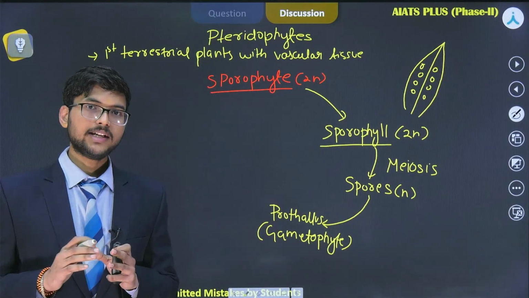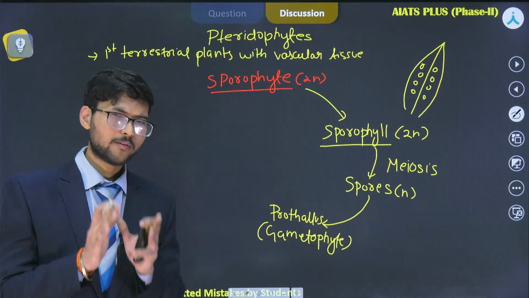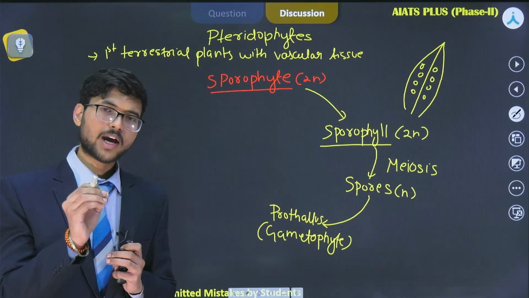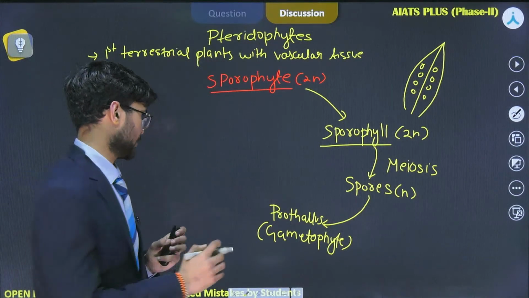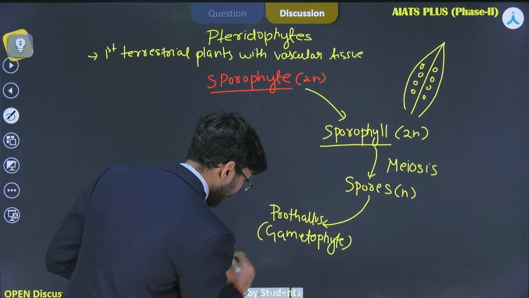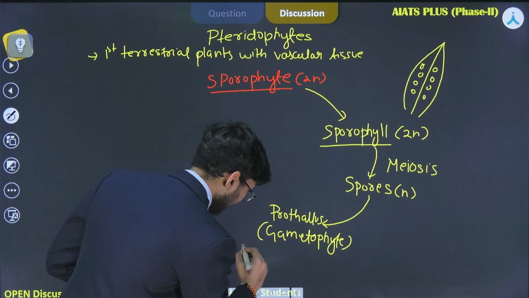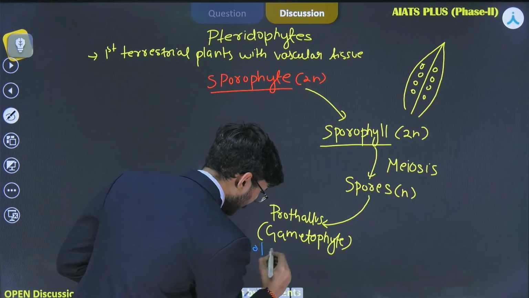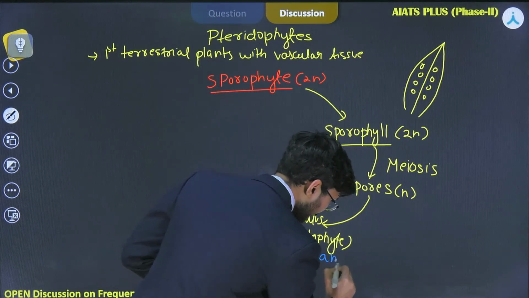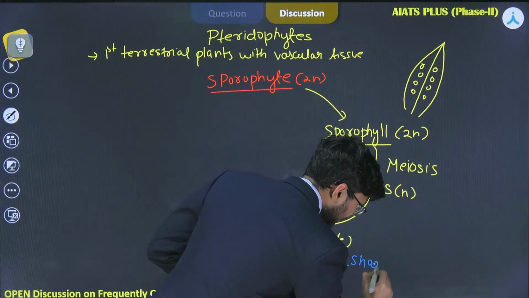This gametophyte has a specific requirement, and the specific requirement is that it requires a cool, damp and shady place. Okay, so the specific requirement of the gametophytic stage of pteridophyte is that it requires cool, damp and shady regions.